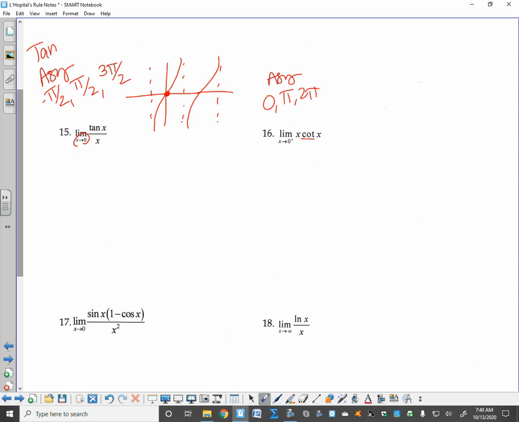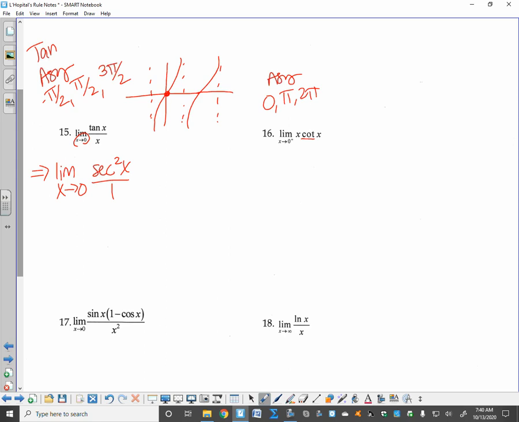So at 0, that's the whole point of what I was doing. The limit of tangent as x approaches 0 is 0, because the y value is 0. So 0 on top over 0 on the bottom. Okay, so indeterminate form, L'Hopital's rule says this becomes the limit as x approaches 0 of secant squared x over 1. Okay, secant. Well, we didn't graph secant in pre-cal, but you know that secant is 1 over cosine.